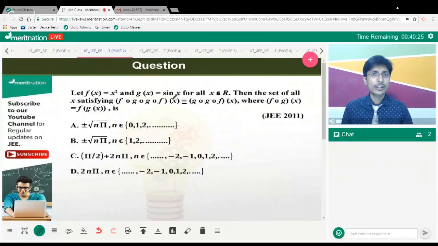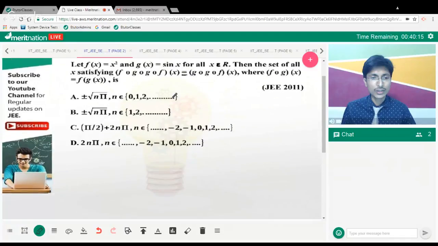If you are very clear with the concept of composition, you break the question into steps and start pursuing it, and it will become really easy. Let's see how. First, what is given? Let's first try to find the left side. So x goes as the input in f(x).